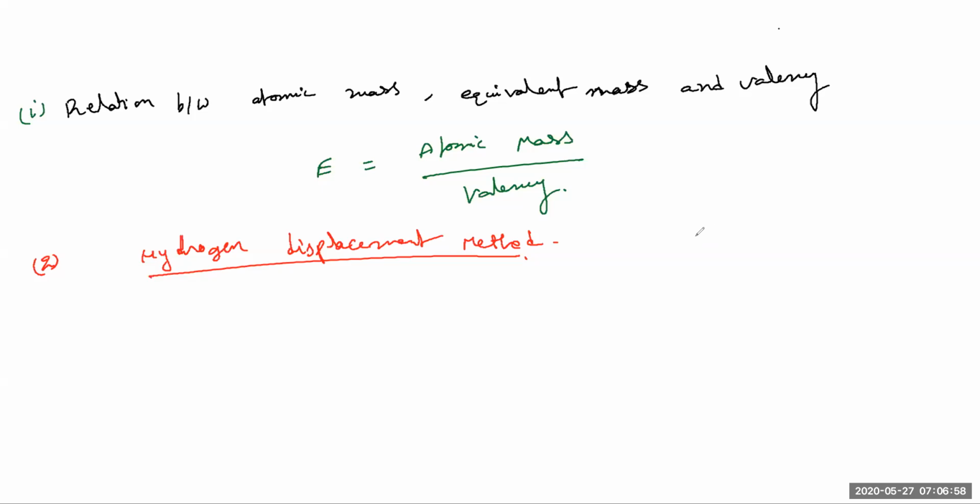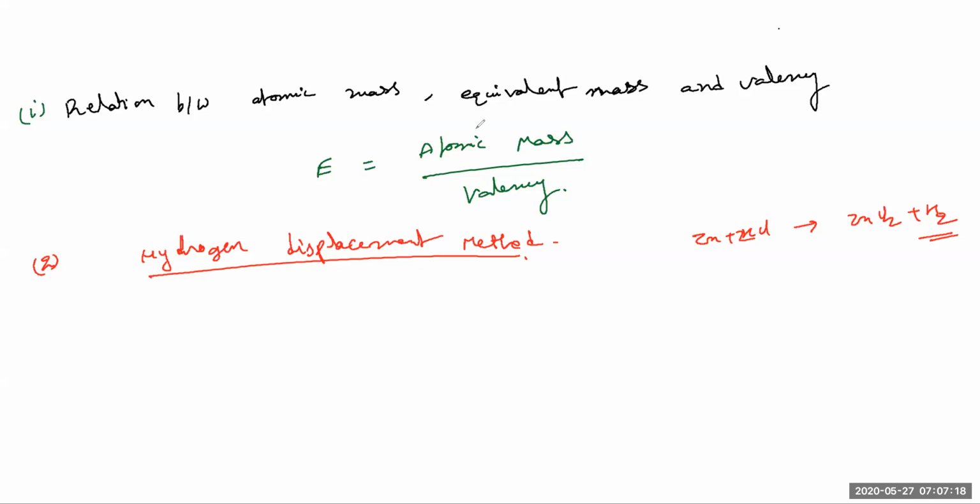Suppose this is zinc plus HCl. It forms ZnCl2 plus H2. Hydrogen gas is liberated by zinc. So in such a case, what is the equivalent mass of the metal?